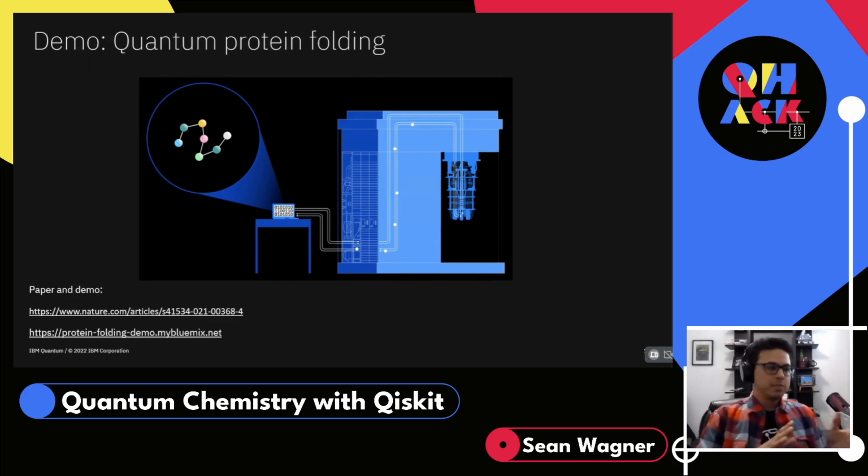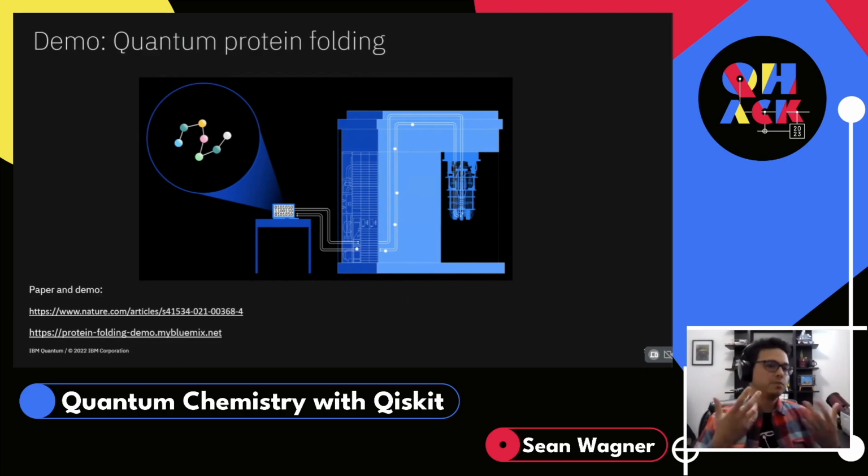There was work done to look at simple peptides, simple strings of amino acids in a protein, and how the structure of these simple peptides turns out.